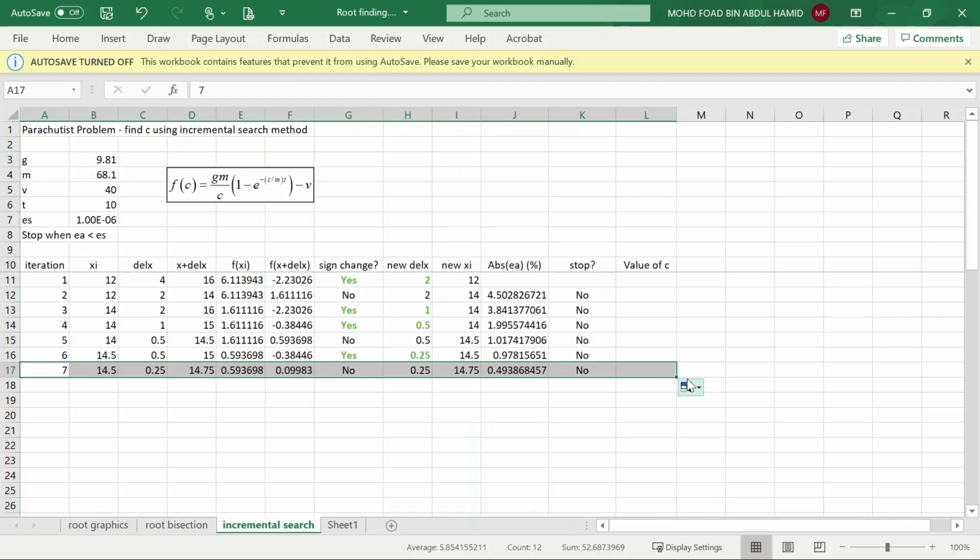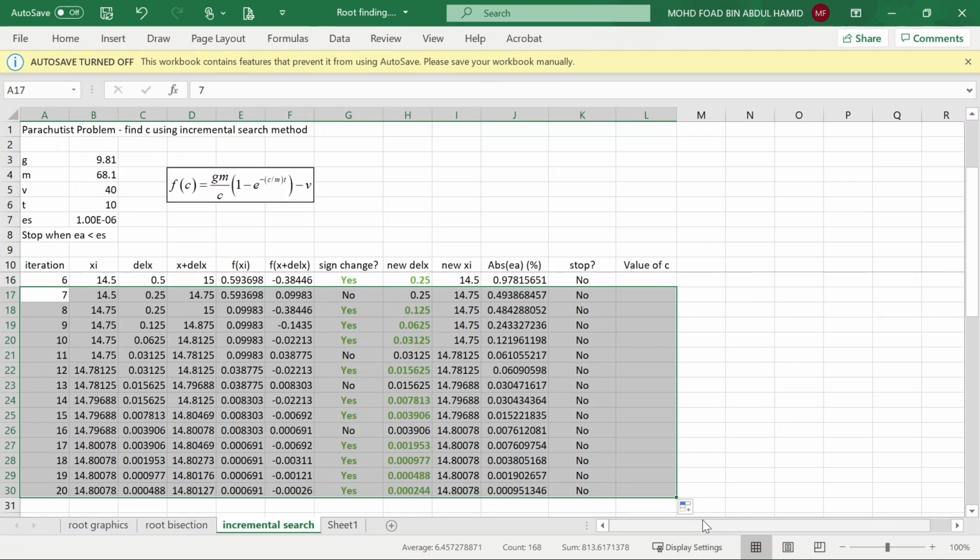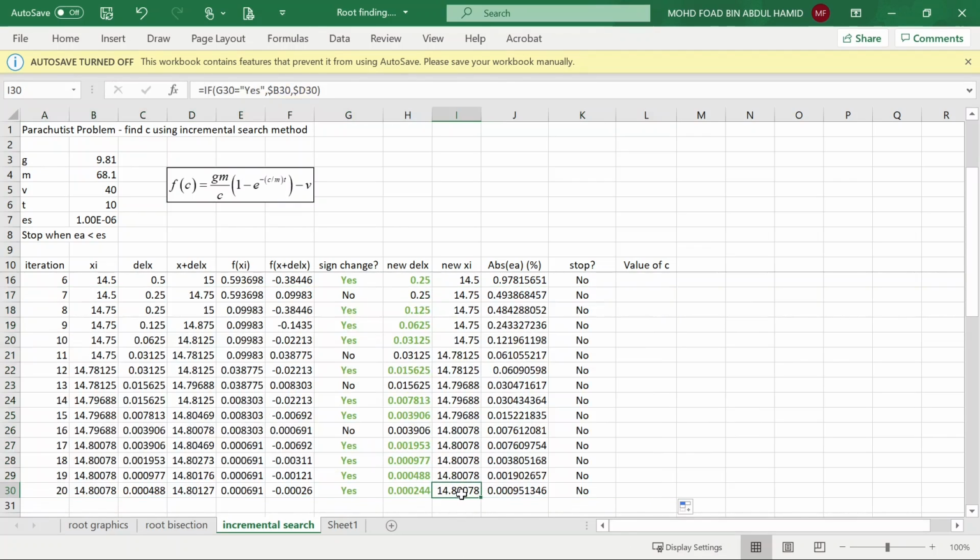So this is 7. Okay, so this is 20. And note that the error now is 9 times 10 to the power of minus 4. If you remember, just now from the bisection method, our calculation required, I think, 25 iterations, right?